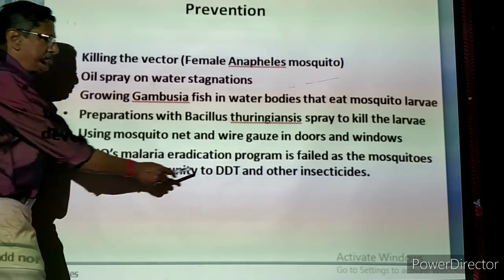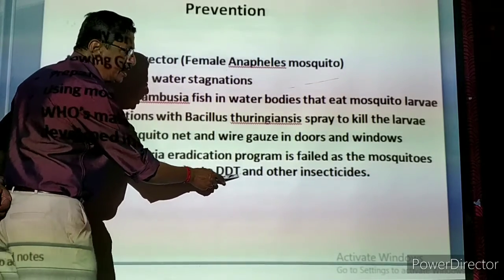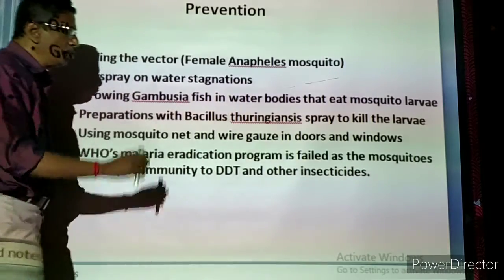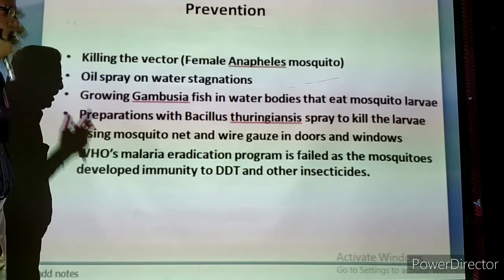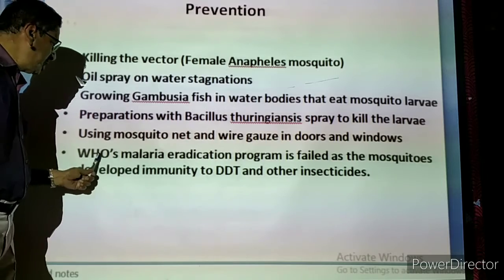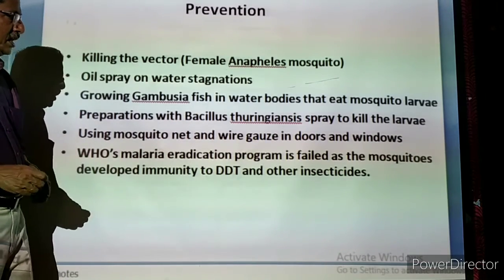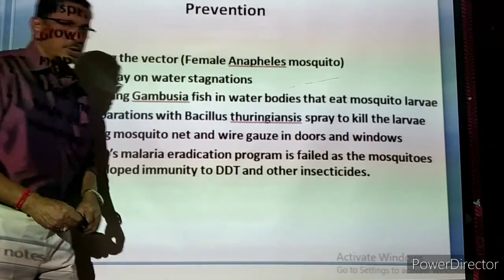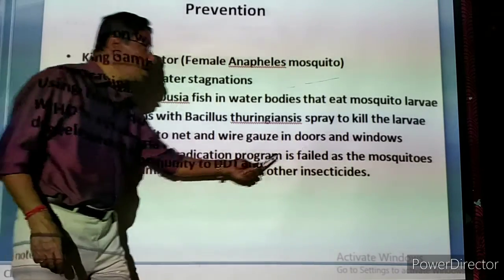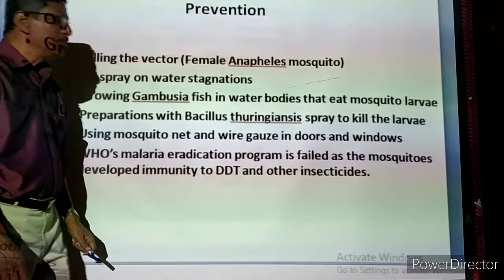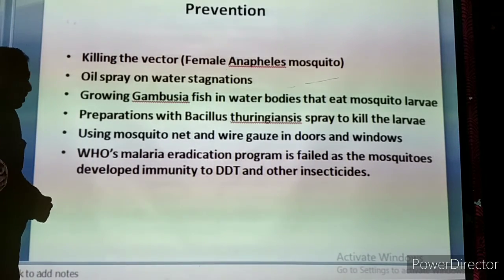Normally, we are spraying DDT. It is one insecticide, and a lot of other insecticides are there. When we spray, the mosquitoes will die. Actually, that is what the World Health Organization told: wherever mosquitoes are there, we can spray the insecticides. But when we keep on spraying the insecticide, the mosquitoes are becoming more and more resistant to the chemical.